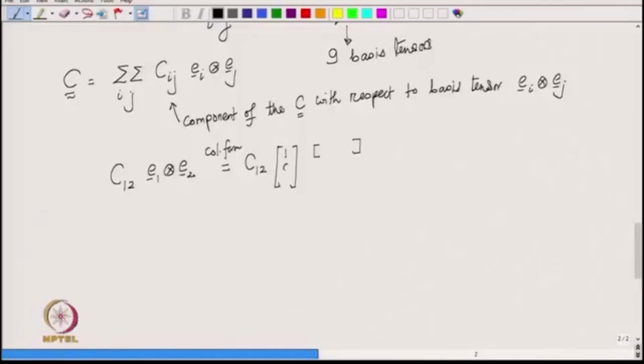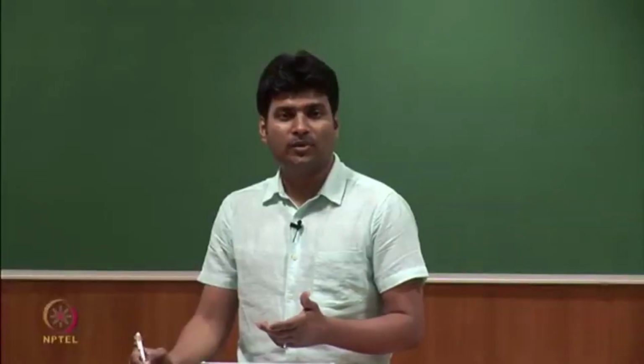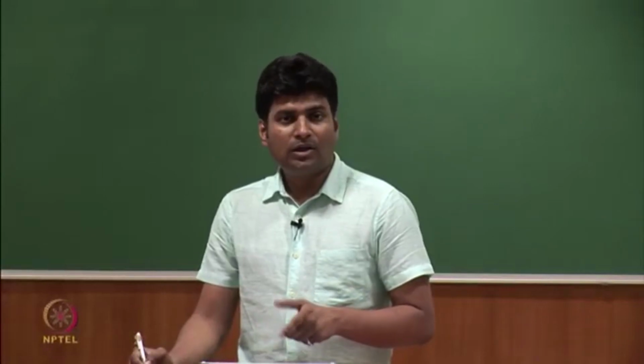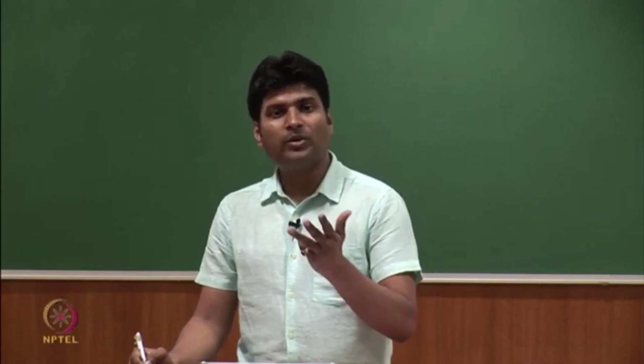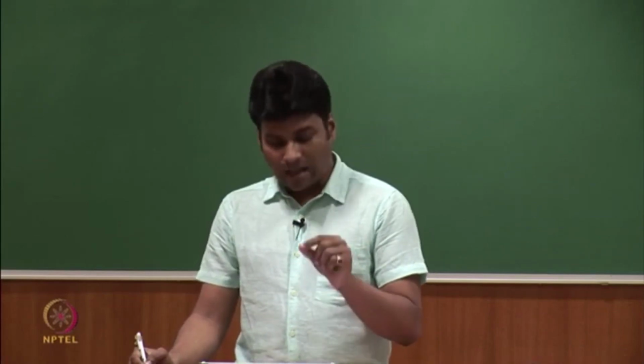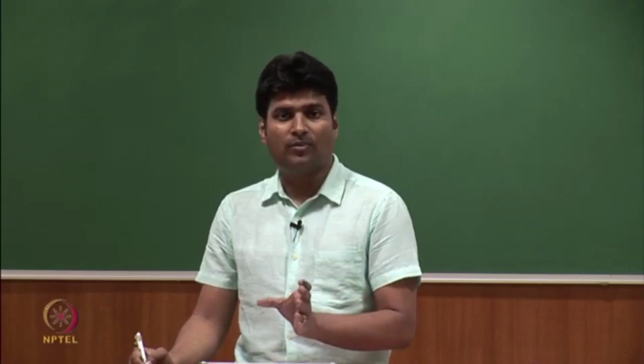So, e 1 becomes 1 0 0, whereas e 2 becomes 0 1 0. Remember, these are the representations of e 1 and e 2 in the e 1, e 2, e 3 coordinate system itself. If you use some other coordinate system to represent e 1, you will not get 1 0 0.